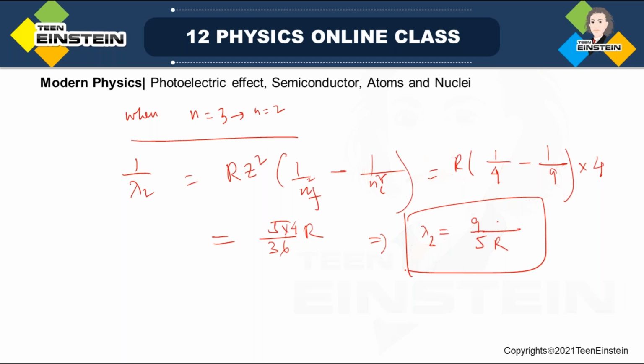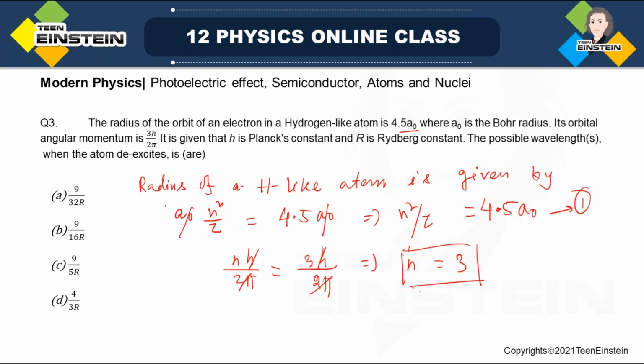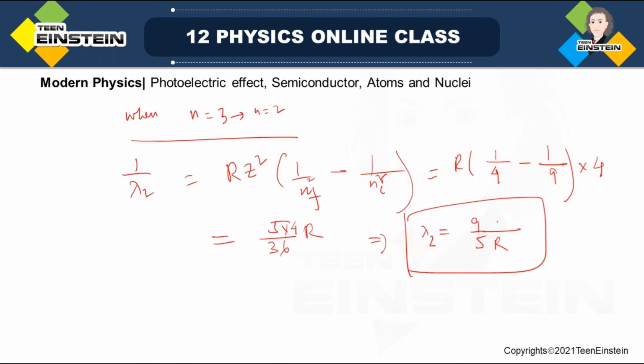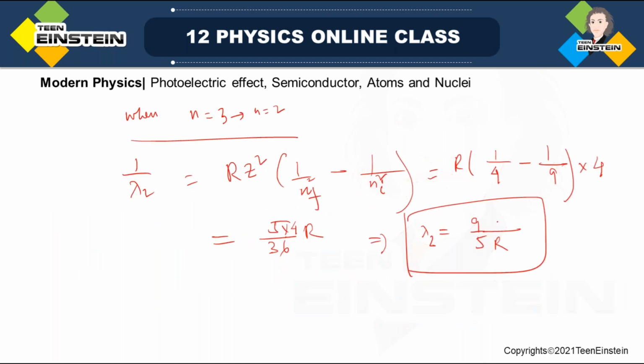So these are two wavelengths possible. Look here, 9 by 32 R and 9 by 5 R. So these two wavelengths will be obtained in the de-excitation process.